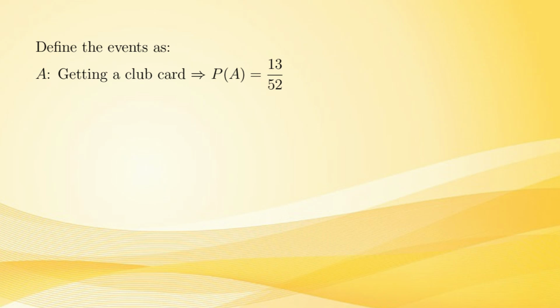First, let us define the following events for the given problem. Define event A as getting a club card, which implies probability of A is equal to 13 by 52. Define event B as getting a black card, which implies probability of B is equal to 26 by 52.